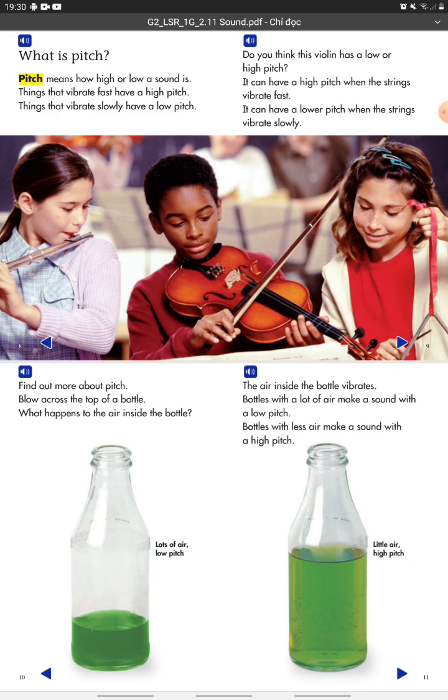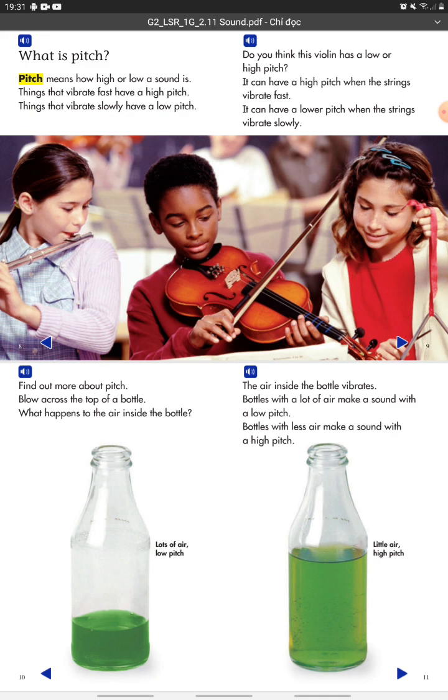Blow across the top of the bottle. What happens to the air inside the bottle? So the bottle on the left contains lots of air.